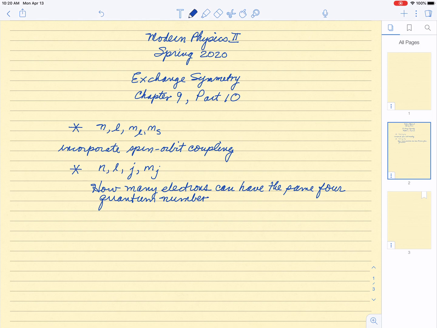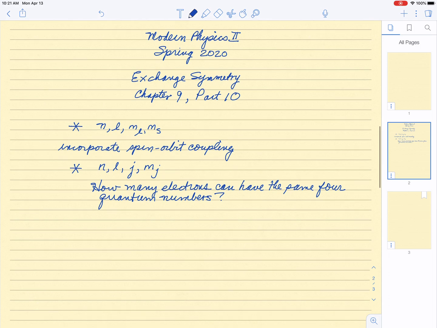Now, interestingly enough, all of you have taken general chemistry at some point, and you were told that no two electrons can have the same four quantum numbers. And you were told at that time that was the Pauli exclusion principle, but that was just the statement. It wasn't at all a proof. And so I'm going to offer up a proof for that today.